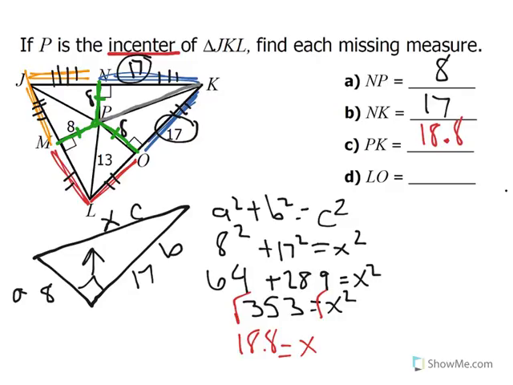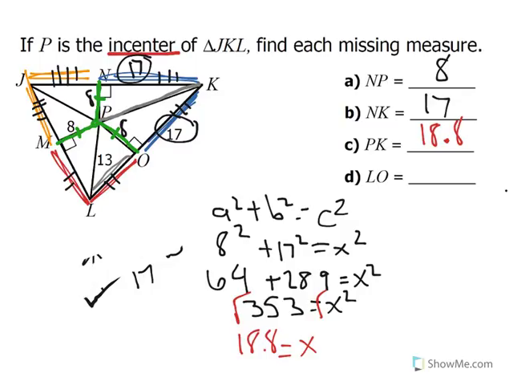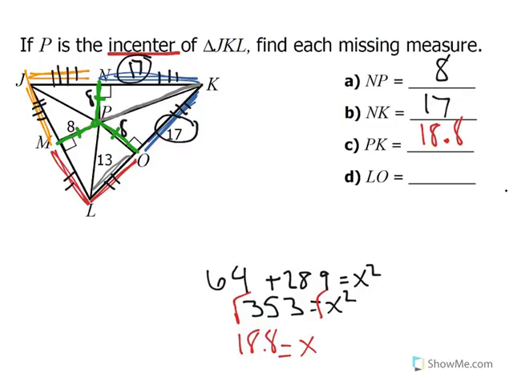And then the last thing that we're looking for is LO. So LO we have right here. It is congruent to ML, but we don't have ML. So we're going to need to do Pythagorean theorem here also. So we're going to need to look at a different right triangle.